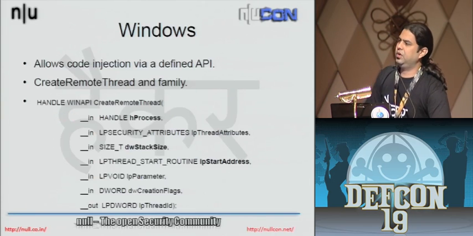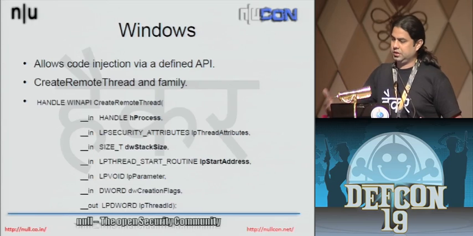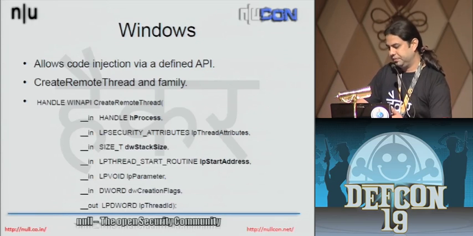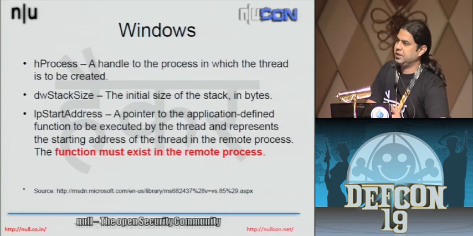So Windows already has an API where all you need to do is just call this function and it'll do the needful, whatever you want to do. I'm not going to go deep into what this API does, but we'll look at some of the important parameters that this function has. hProcess will specify the target process or the victim process where you want to inject code.